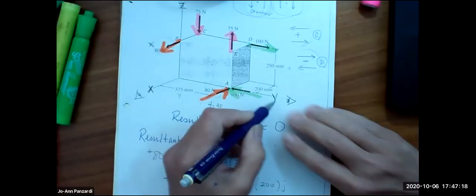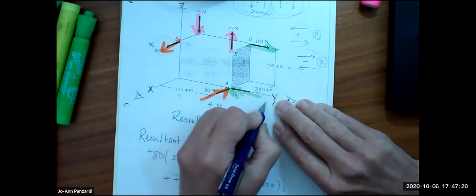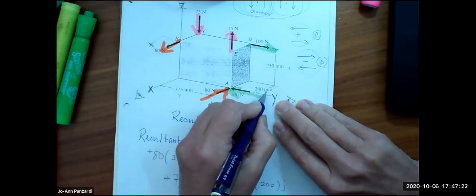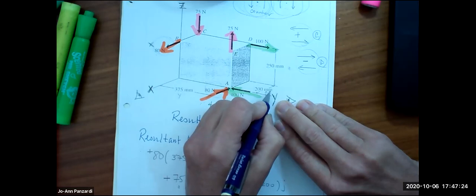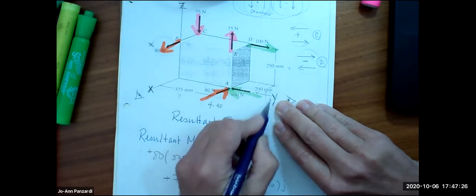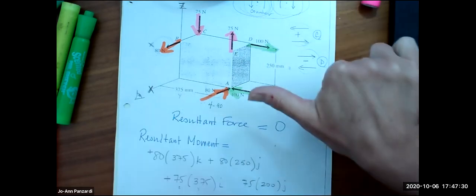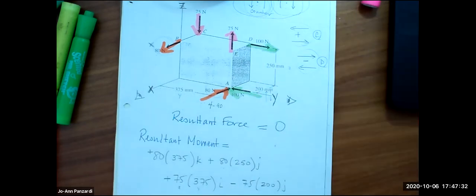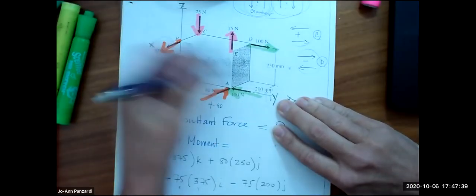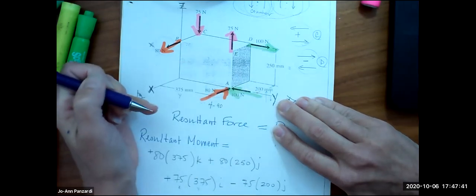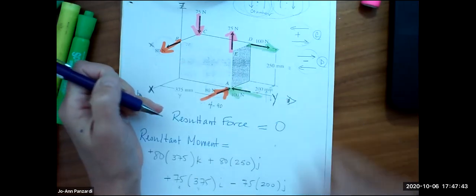Oh, it's the negative way. Right. Here's the y-axis. I have a 75 coming up on the left side and a 75 coming down on the right side, and it's causing it to spin with my thumb in the negative. Okay. Is that helpful? Yeah. All right.